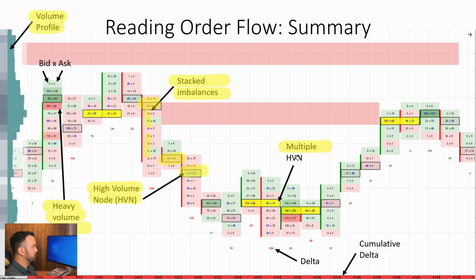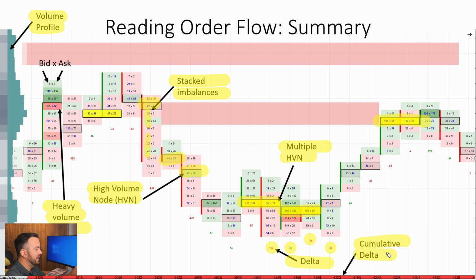You definitely want to look for multiple high volume nodes like this one, or this one. You should keep track of delta below each footprint, and also cumulative delta, right? So if you open up an order flow chart, those should be the things that stand out.